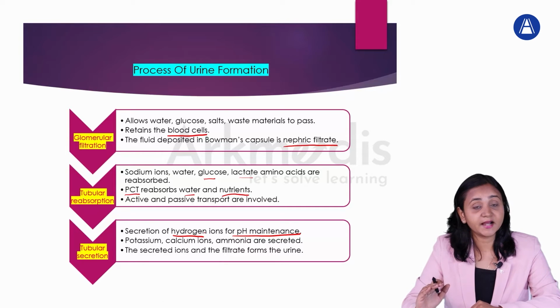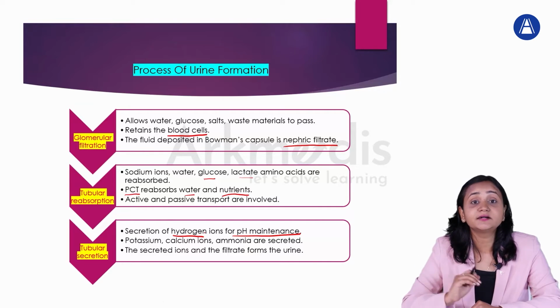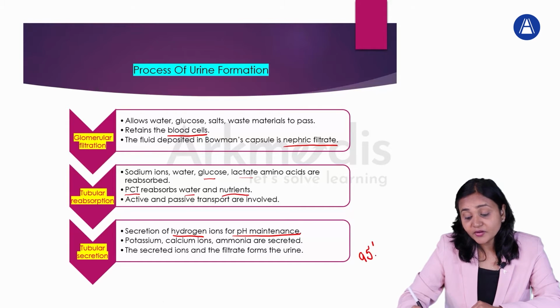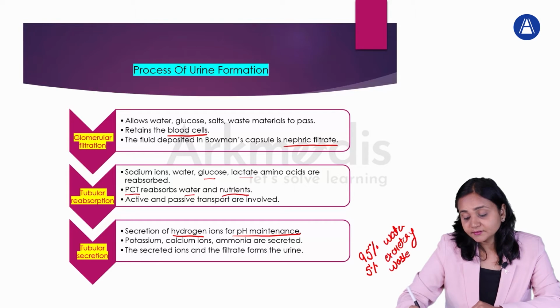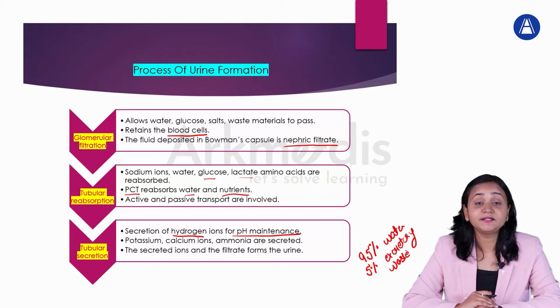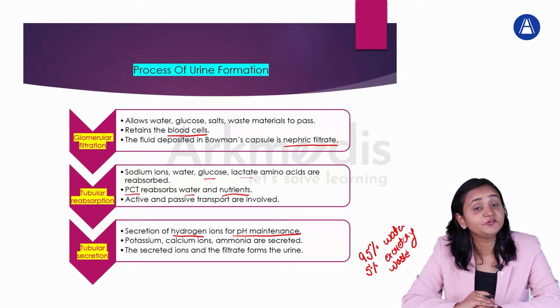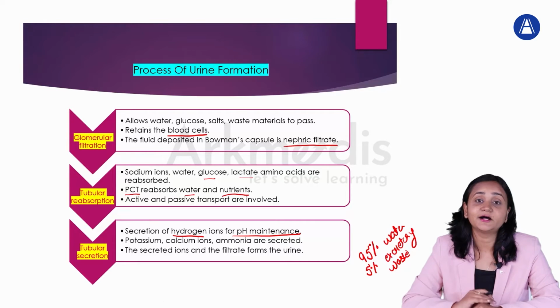Now, the secreted ions along with the nephric filtrate together form the urine. The urine is mainly made up of 95% water and 5% excretory waste. It is collected inside the urinary bladder and retained there until pressure is exerted on the walls of the urinary bladder to get it excreted out.